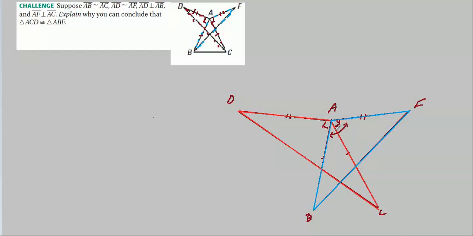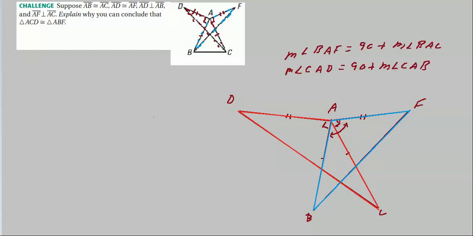I guess I should write that out. If we write it out, it's even more obvious. We have measure of angle CAD is this right angle plus BAC, or in this case CAB, doesn't matter, you can write it either way. Down here the angle of CAD is 90 plus the same thing.